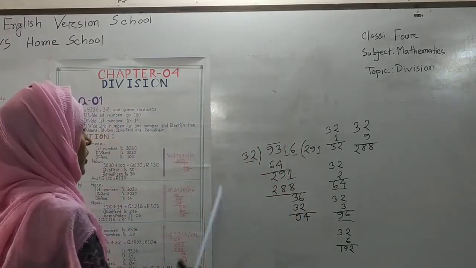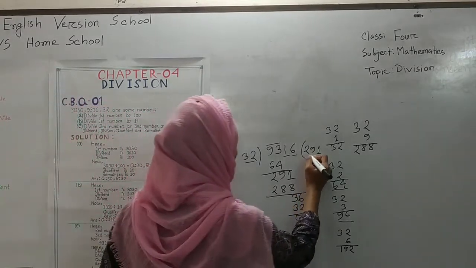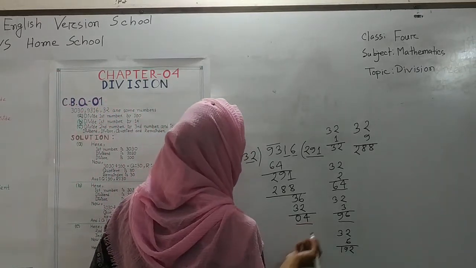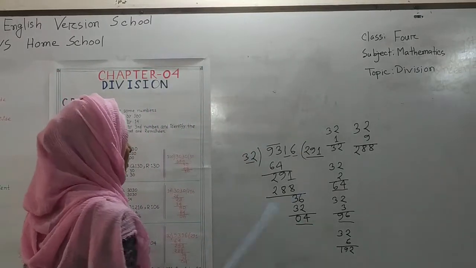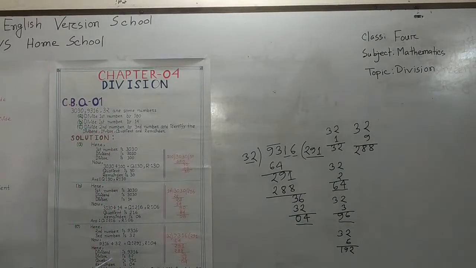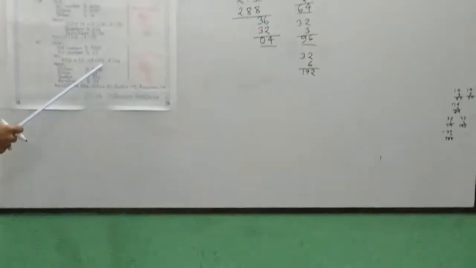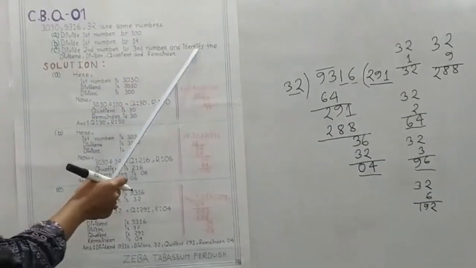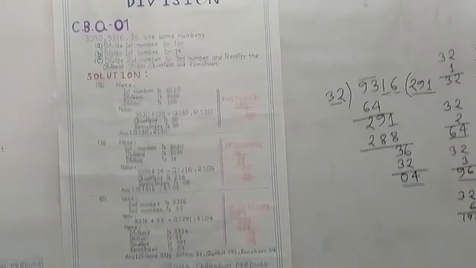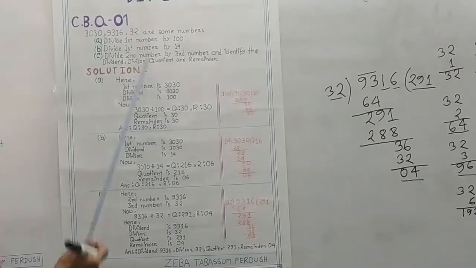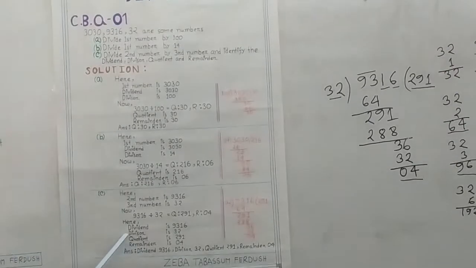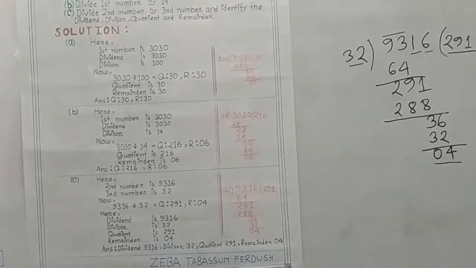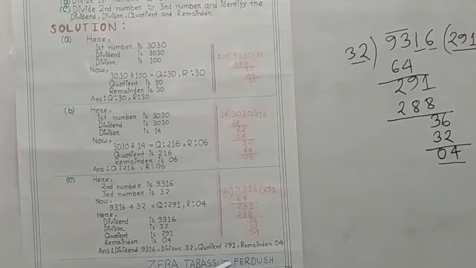So after this division process, we see that our quotient is 291 and our remainder is 04. In our question, they say to identify the quotient and remainder. We have already found the dividend and divisor previously. Now we found the quotient and remainder, which are 291 and 4. We write down the answer like this.